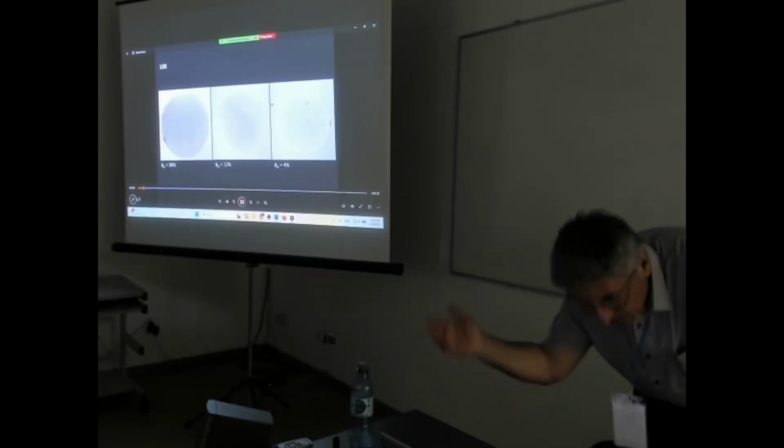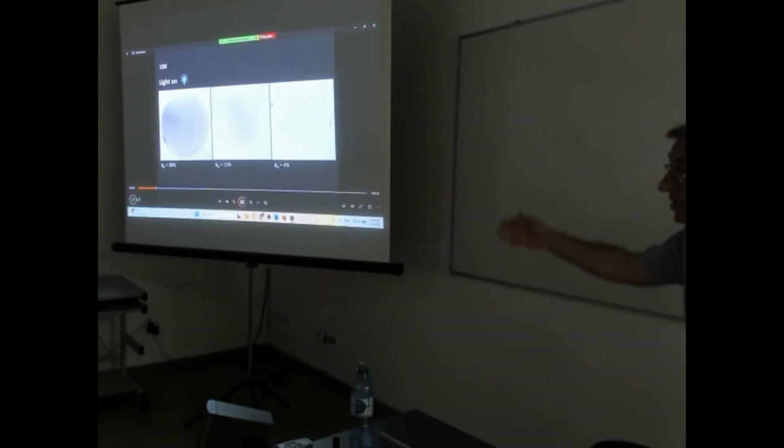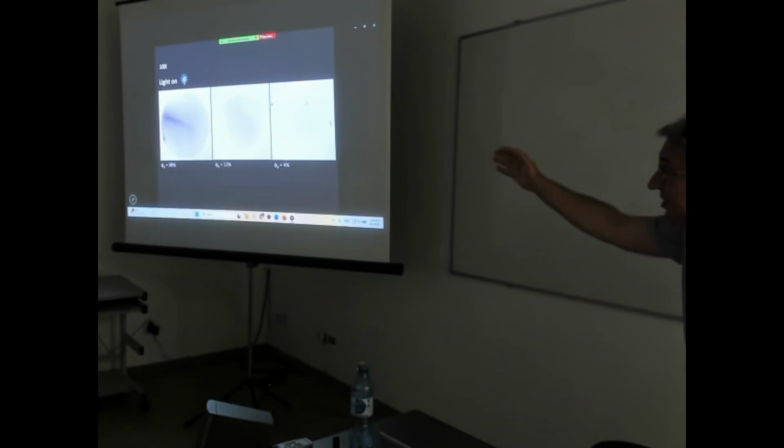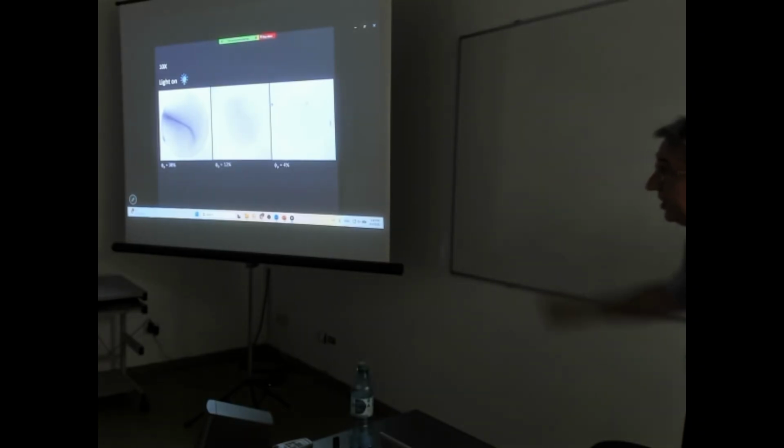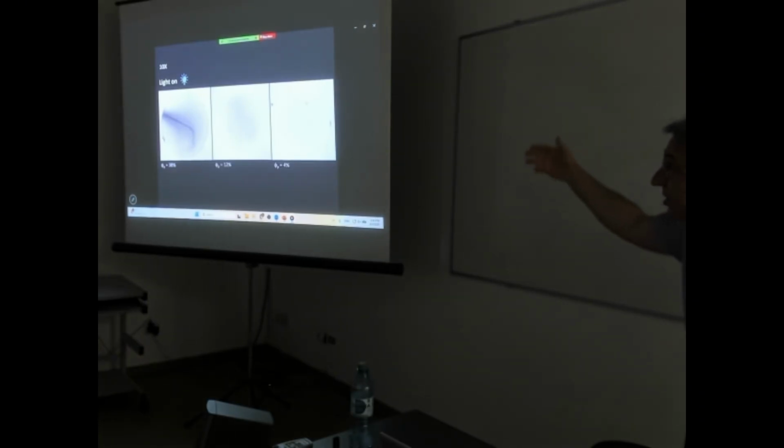I just show you one. From left to right, there are decreasing areas covered by the particles. And you see that the time needed to form this pattern is diverging with decreasing area. We cannot show that it goes to zero. Most probably there is a threshold around 3-4%.